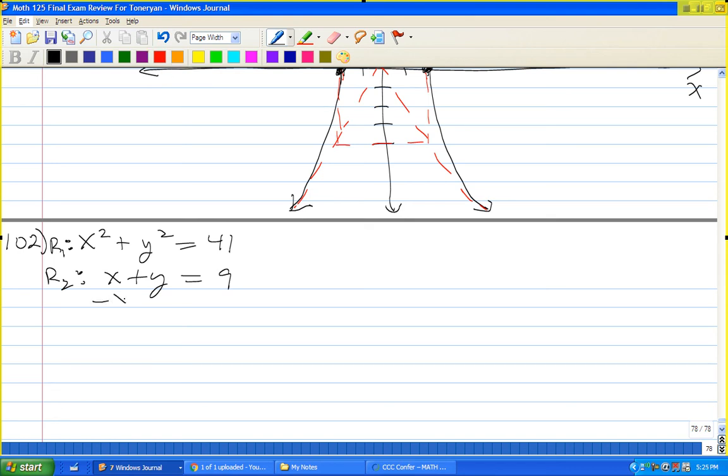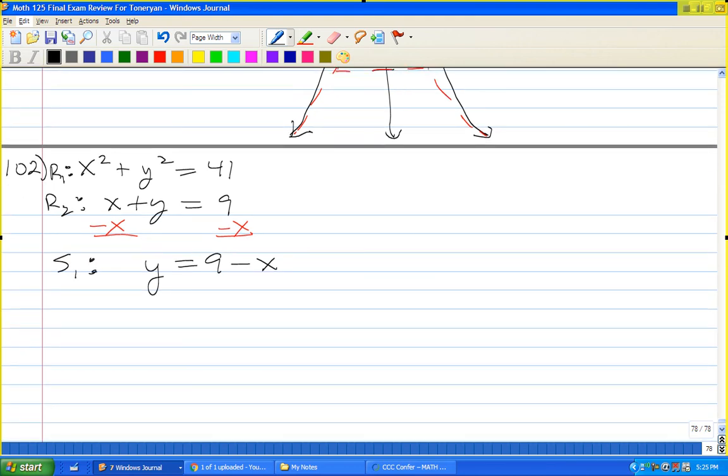So let's subtract x from both sides of my equation. So y is equal to 9 minus x. Now maybe I'll just call this S1. Now let me substitute S1 into R1.